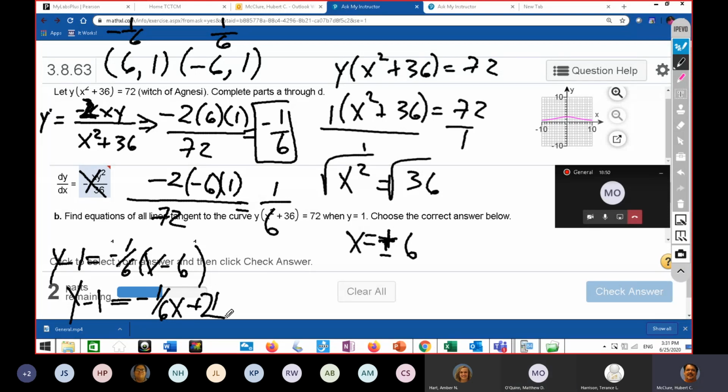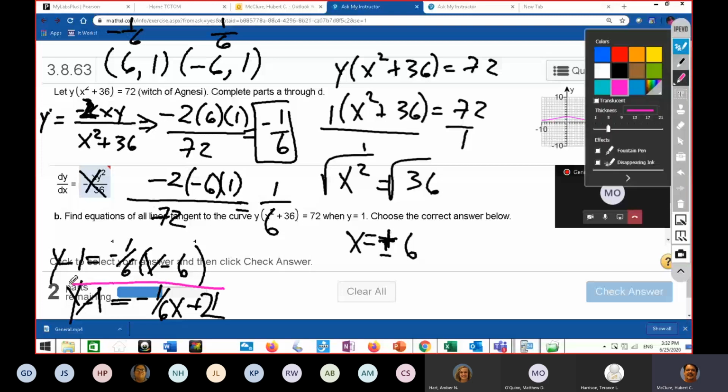Is that your final answer? It should be plus 2. Somebody write that down. Y is equal to -1/6 x plus 2. I'll just take my magenta marker. So y is equal to -1/6 x plus 2.